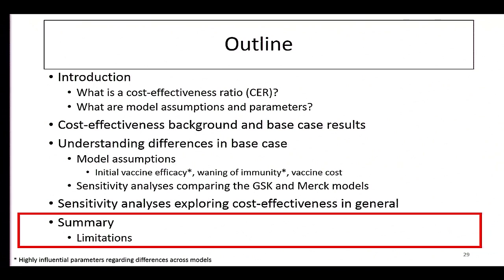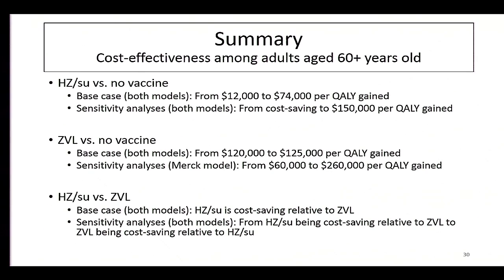Okay, moving on to summary and limitations discussion. So, in the base case, the cost effectiveness of the subunit vaccine versus no vaccine was between $12,000 and $74,000 per quality adjusted life year.